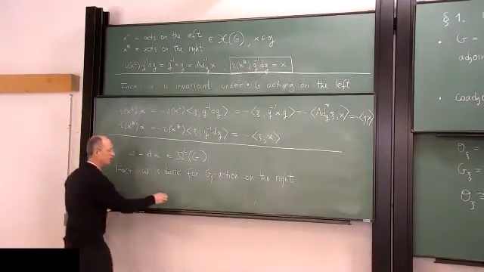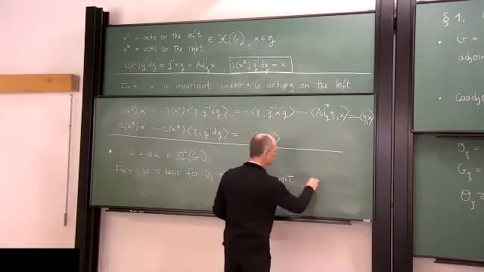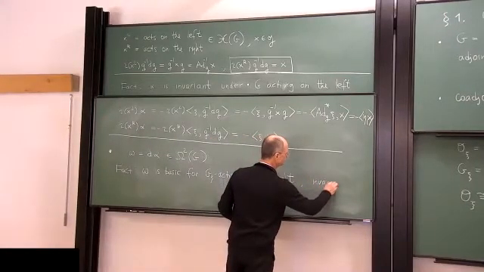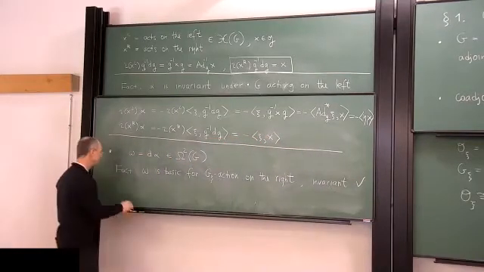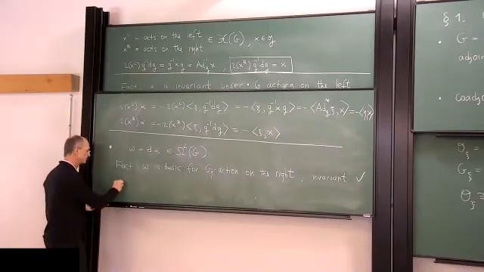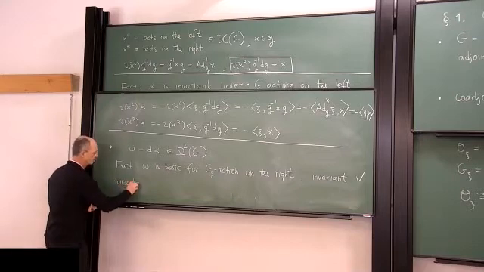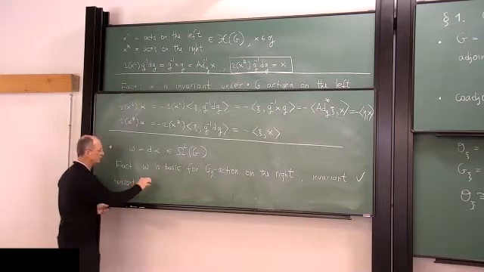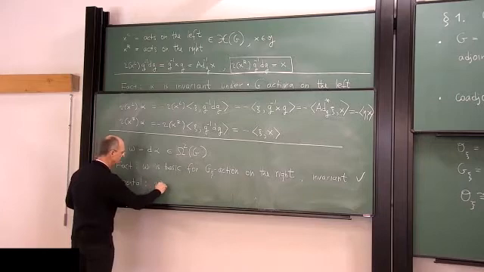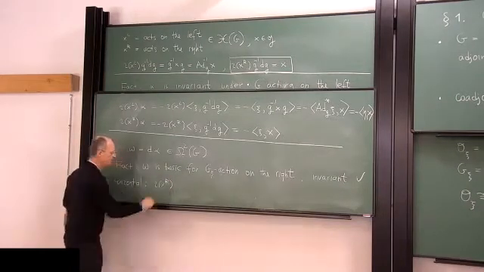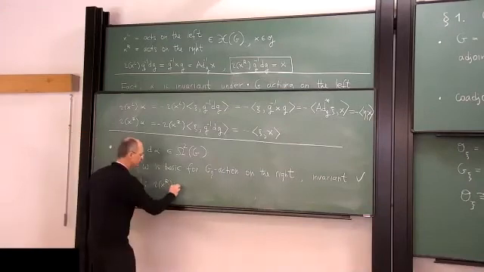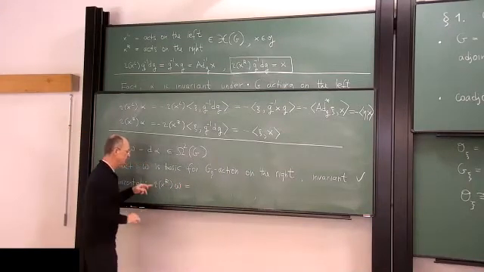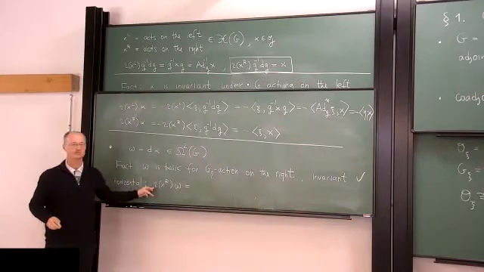Now, invariant is okay. Now we need to check that it is horizontal, and if you don't remember what horizontal means, I should take some element of the Lie algebra of the stabilizer, and I should check that this vanishes, right?